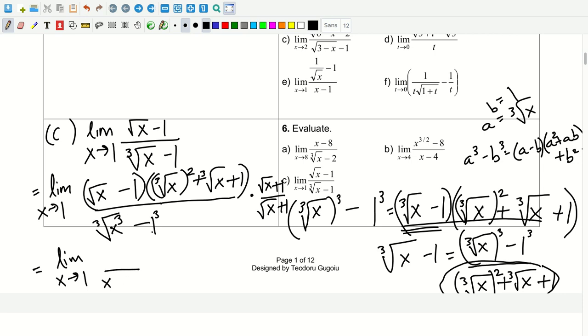So I get x, and 1 cubed is just 1, so x minus 1 is what appears in the bottom. Now, if I group this with this, that's a minus b times a plus b. So I'm going to get a squared minus b squared, and that's x minus 1.